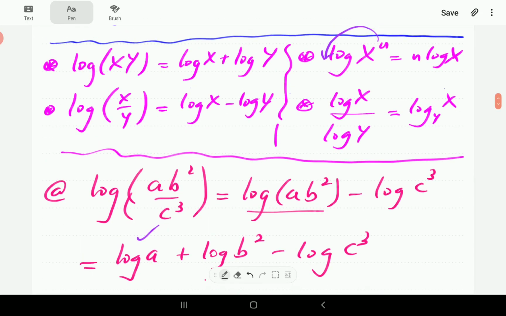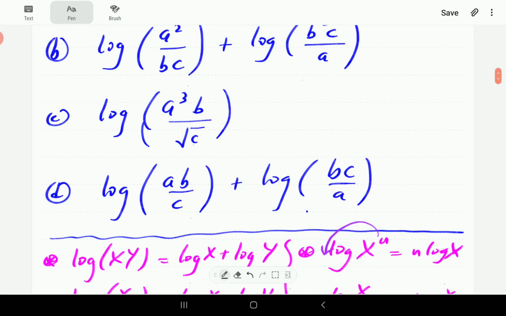Okay, at this point we're just going to give you a chance to have a go at C and D. I want you to pause the video, work through these two, then when you continue the video, you can compare with our solutions.